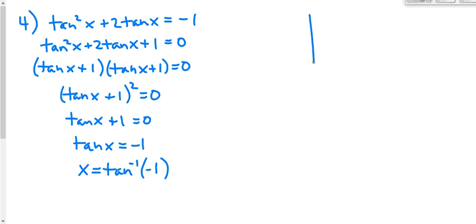So where's tangent negative? Tangent's negative in quadrant 2 and quadrant 4, and it would be a 45-degree angle. So we have 135, and we have 315.